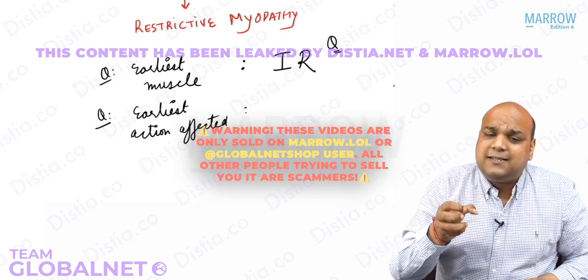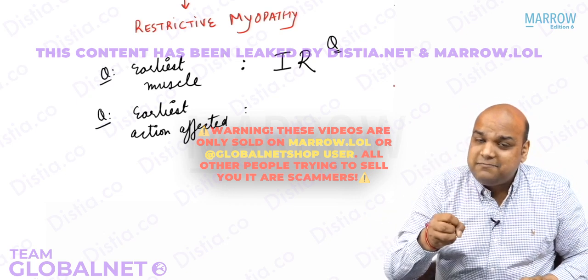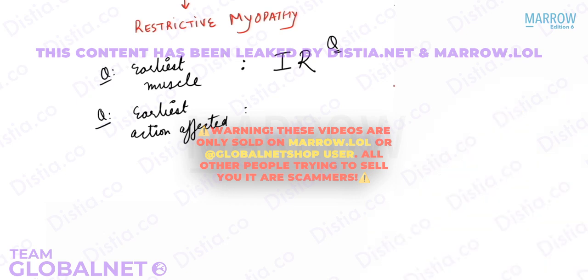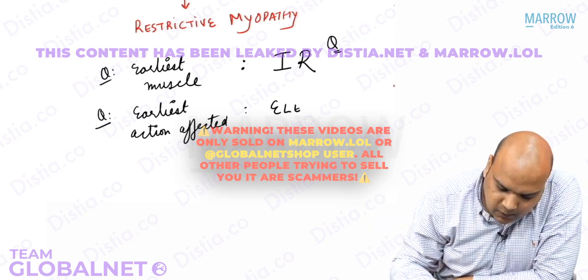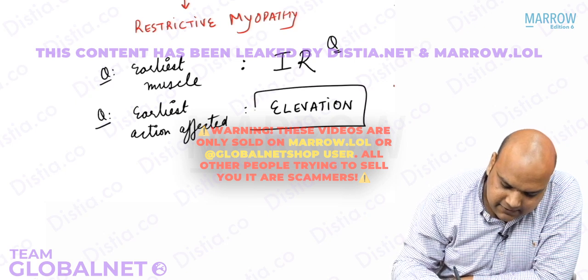That means inferior rectus cannot act. It is permanently contracted. Fibrosis means contraction. Because inferior rectus is permanently contracted, it cannot relax. When a muscle cannot relax, its antagonist cannot contract. Are you getting what I am saying? Inferior rectus cannot relax, so superior rectus cannot contract. Because superior rectus cannot contract, the earliest action affected is elevation.